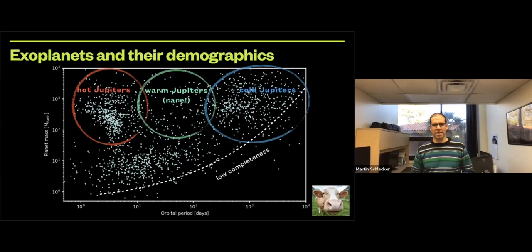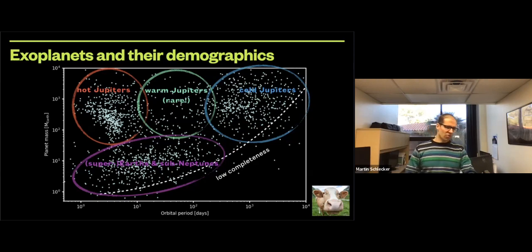There's an underdensity there, but they're interesting objects to look at. There's also a group of low mass planets. This actually includes many subgroups. So the exoplanet demographers in the audience, forgive me that I will call them all super Earths and sub-Neptunes. And a whole subfield has emerged from interpreting these various structures that you can see in these plots.